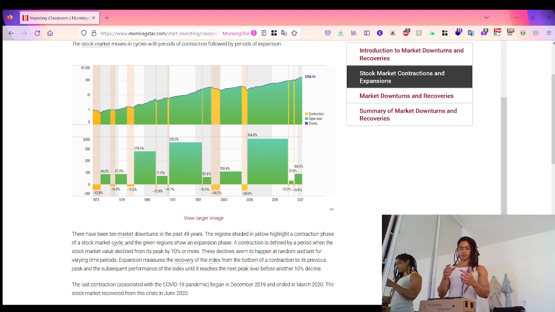Now that we know what a contraction phase is, what is a recovery? The recovery is the long upswing in the price of a security following a long decline. The term is also used to describe the upswing, or boom, in a nation's economic activity.